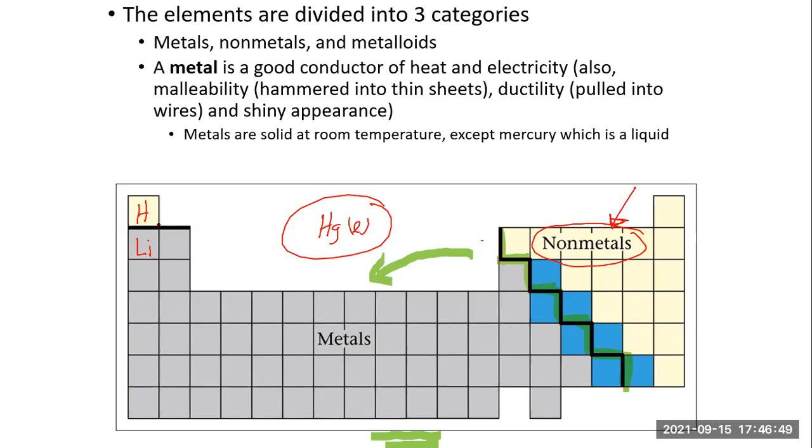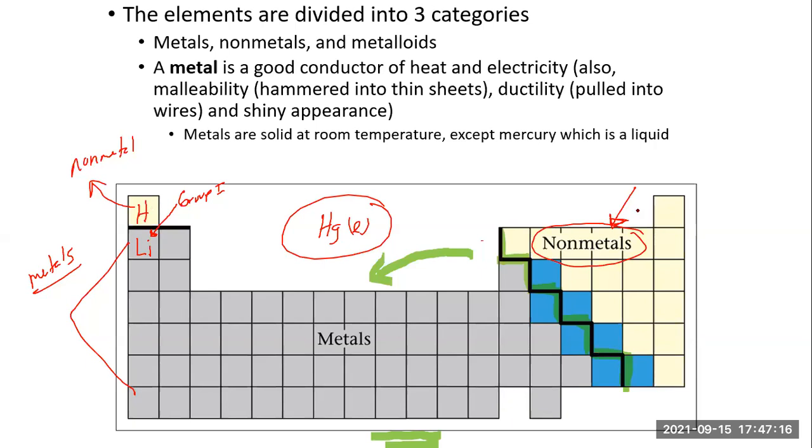And group 1 actually starts with lithium and not hydrogen, because hydrogen is a nonmetal. And everybody else here in group 1 are metals. So although hydrogen is hanging out over here on pretty much every periodic table you see, it is not part of group 1 because it's really not a metal, it's a nonmetal.